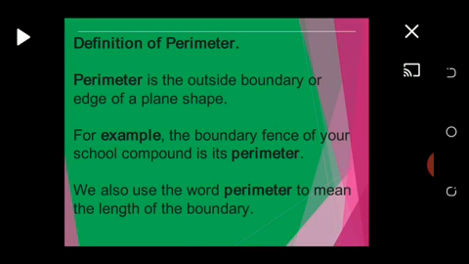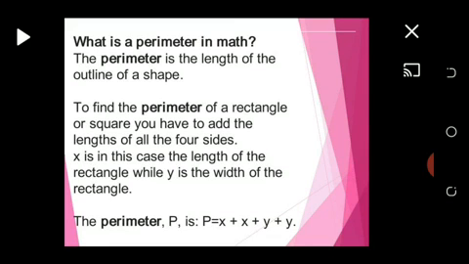Now, what is parameter in maths? When we're talking about mathematics, we just talked about the parameter in layman definition. Now, is there a difference between the parameter you see in your school compound or the fence of your house and the mathematics parameter? Parameter in mathematics is the length of the outline of a shape.